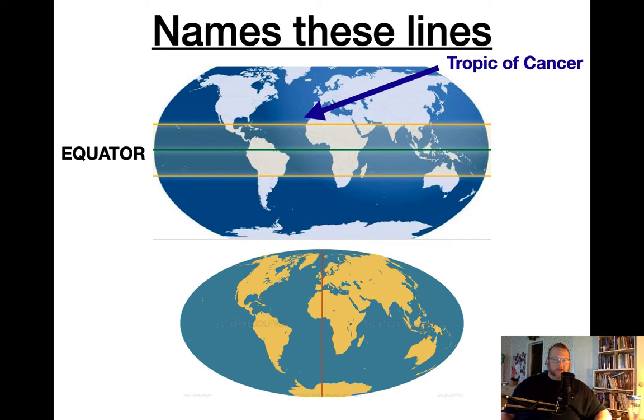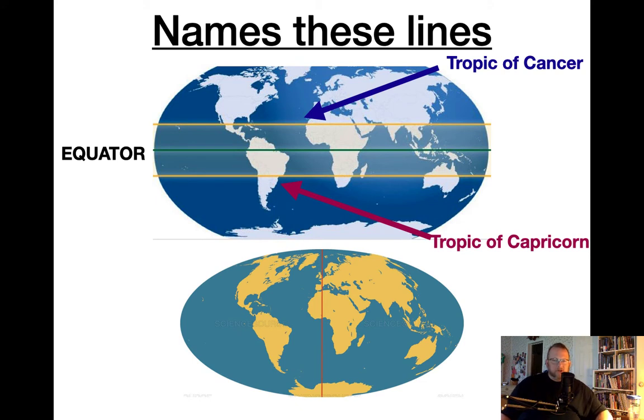The Tropic of Cancer is 23.5 degrees north of the equator. That number is very important, 23.5 degrees. And then if we go south of the equator, that's the Tropic of Capricorn, 23.5 degrees south of the equator.